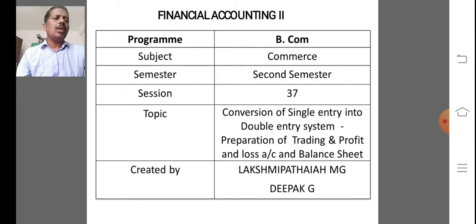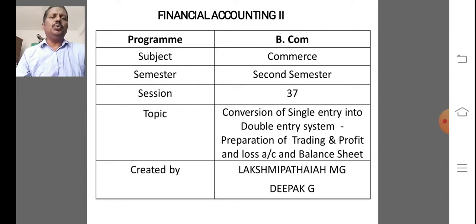In ascertaining the missing information, there are sub steps involved: preparation of opening statement of affairs, preparation of total debtors, total creditors, bills payable, bills receivable, memorandum cash book, memorandum trading account, and memorandum profit and loss account to ascertain the missing information.